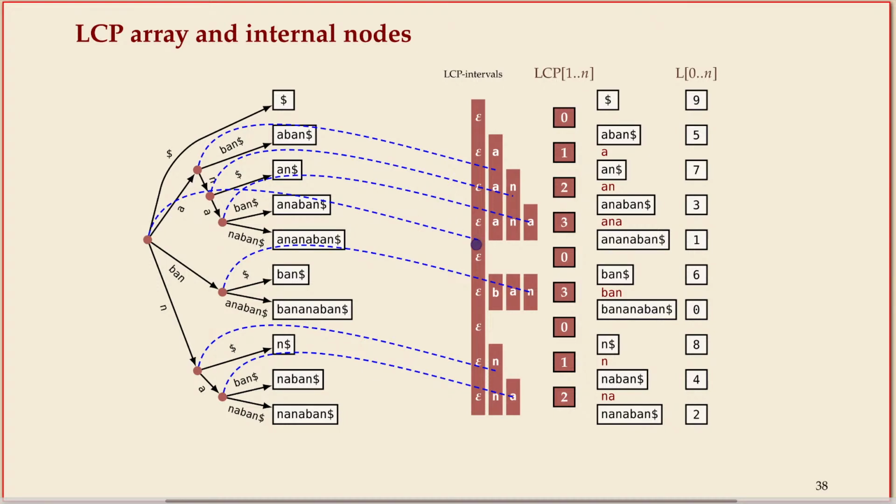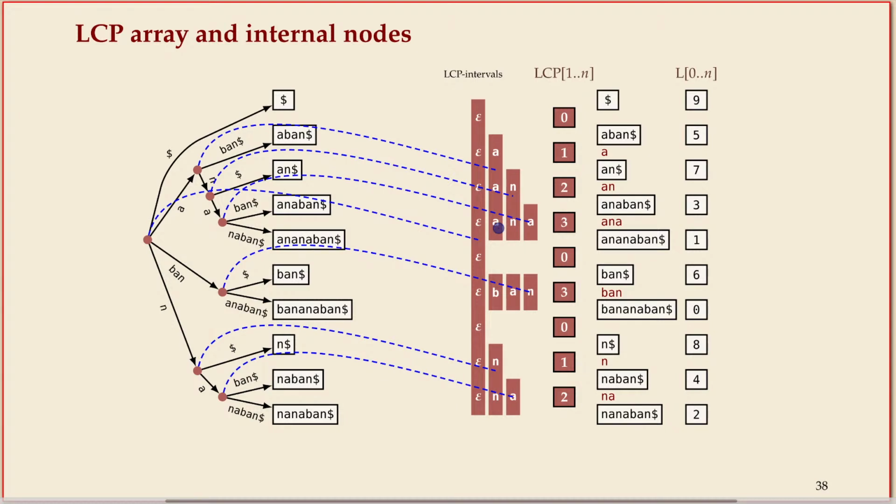The root corresponds to this dummy shared prefix of the empty string that everyone starts with nothing. Okay, fine, that's kind of a corner case, so that everything is covered by one interval. Then the children of the root, there's one that goes to A. That's this range. That's the LCP interval where everything starts with an A.